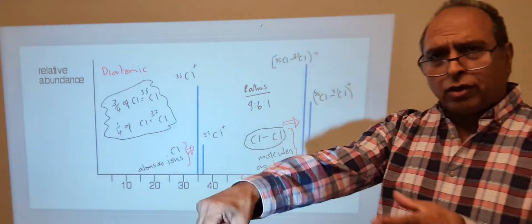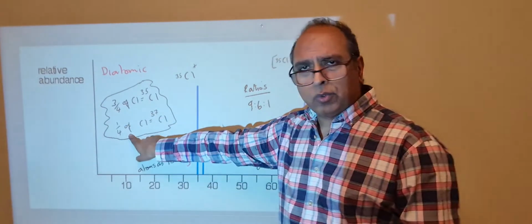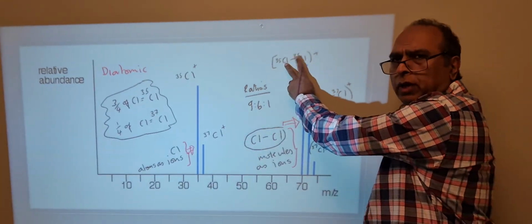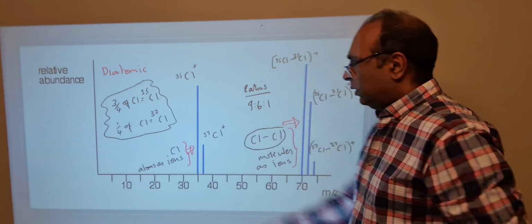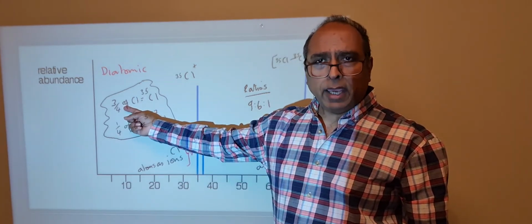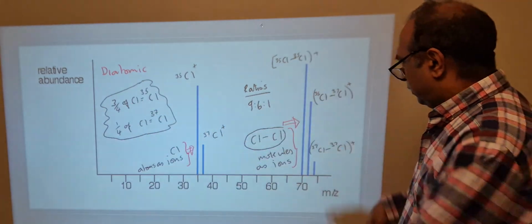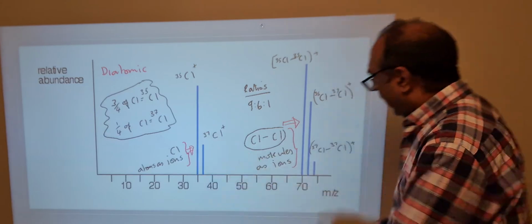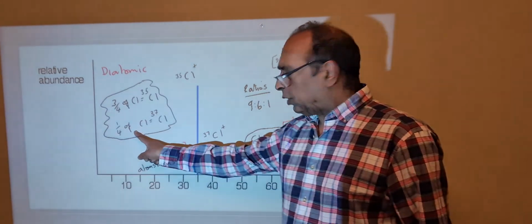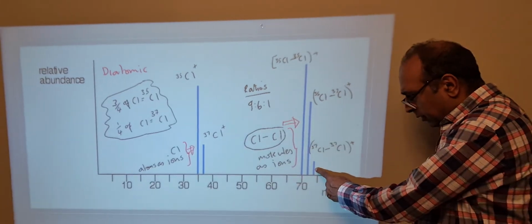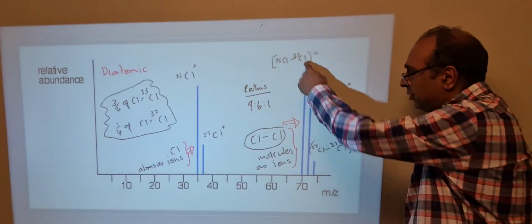The chance of getting a chlorine which is the heavier one is 1/4. So, to get 2 light chlorines is 3/4 times 3/4, which is 9/16. The chances of getting this one, the heavier one, 1/4 times 1/4 is 1/16. So you can see that this one would be 1/16 the height of that one.